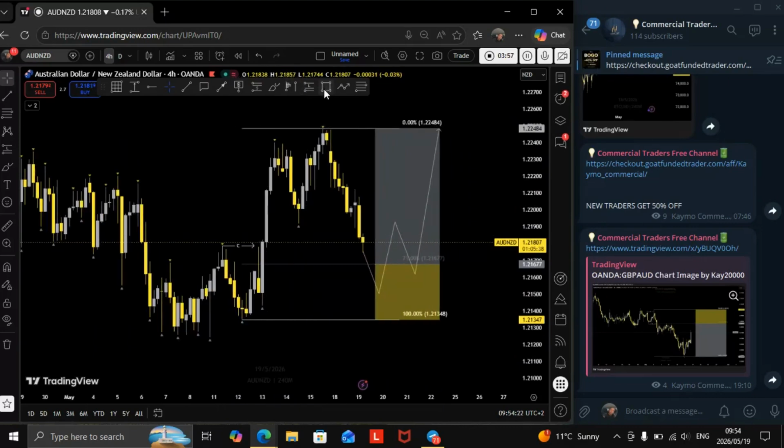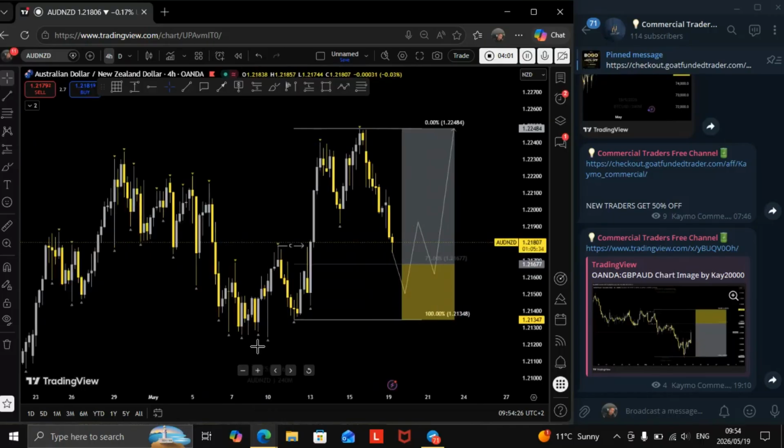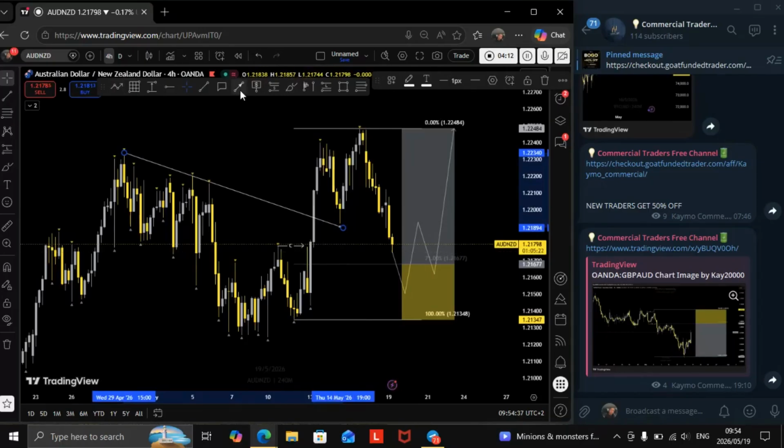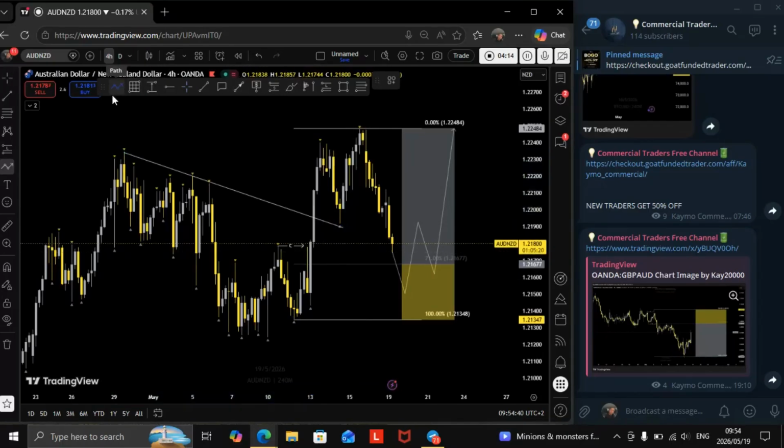Also, this looks like a perfect change of character for me, because if you look into this mini trend here, I'm looking for this thing to draw a path.